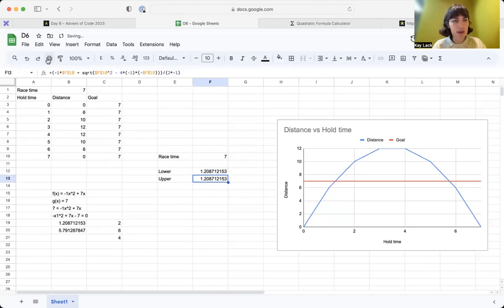Push this down here, change this to a minus, we get the top, and then we get the ceiling. We get floor here. Ceiling, ceiling on both.